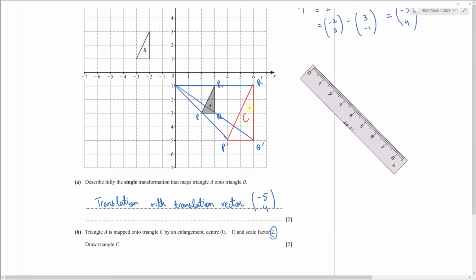P prime is 4 and minus 5, R prime is 6 and minus 1, and Q prime is 6 and minus 5. So this is how you will map your triangle A onto triangle C through the given enlargement.